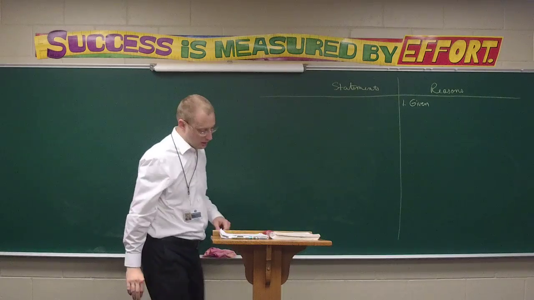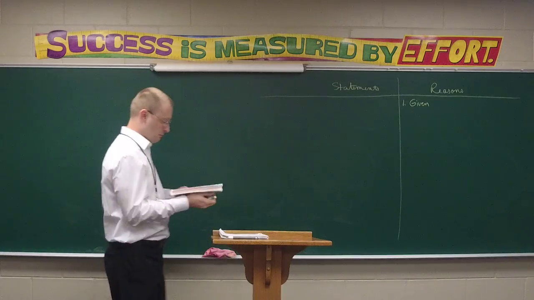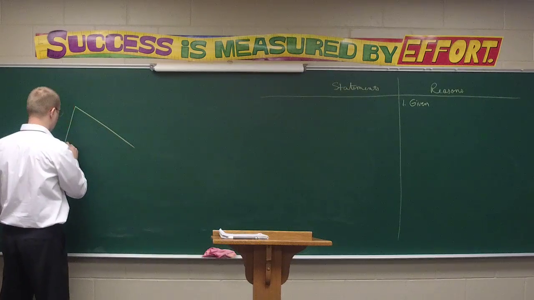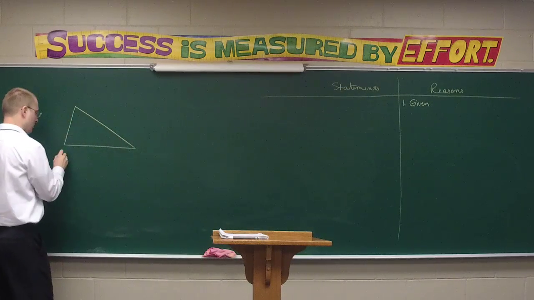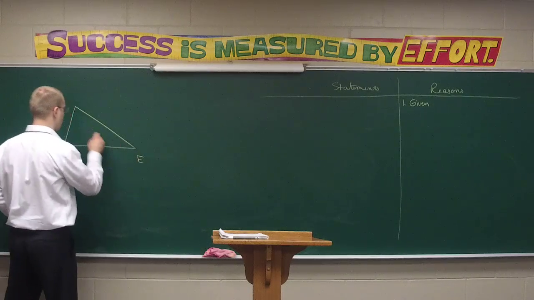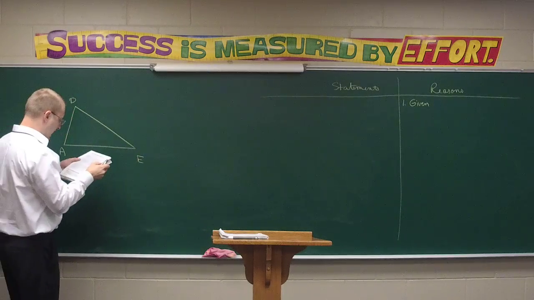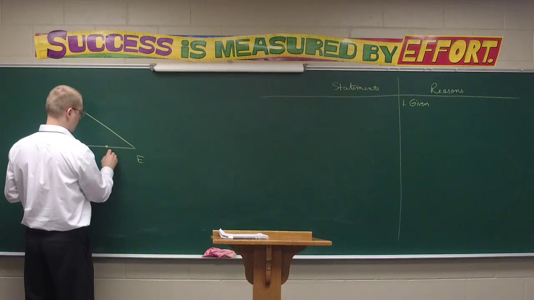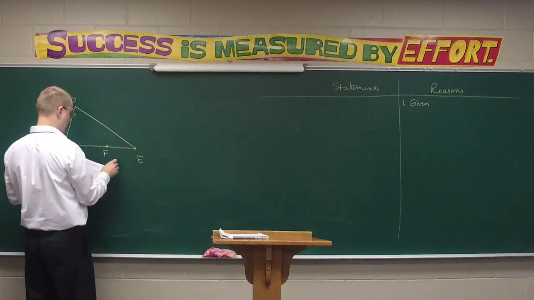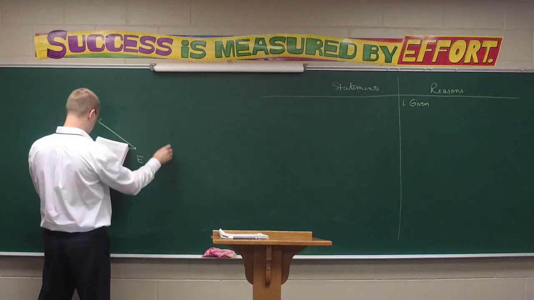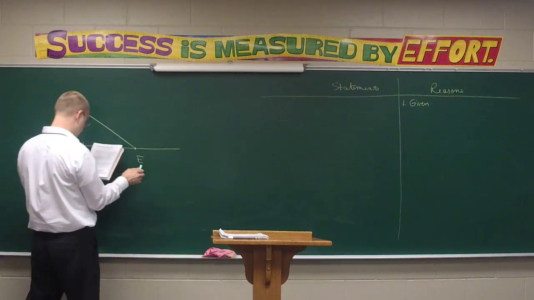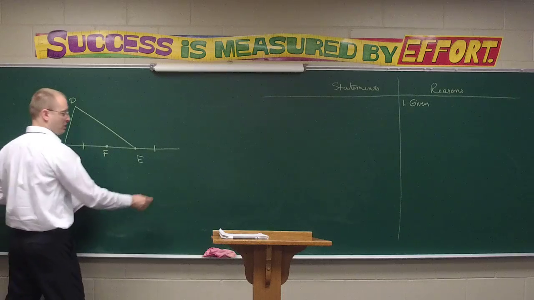We've got some triangles that are overlapping each other. We've got a triangle AED, but it overlaps with another triangle such that we've got this point F, and it goes up to C, which comes down to B. But B is such that A to F and B to E are equal to each other.